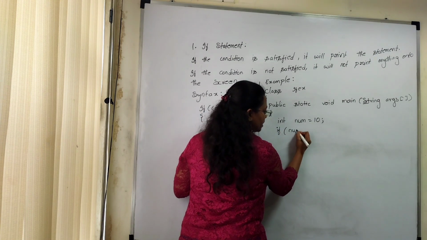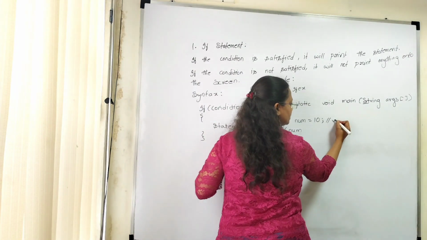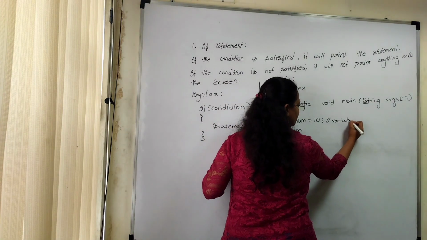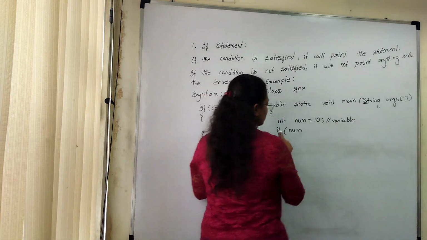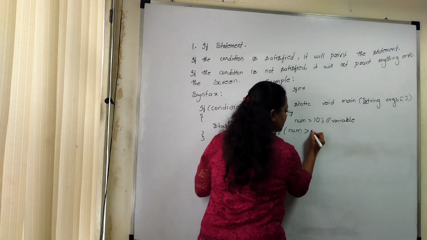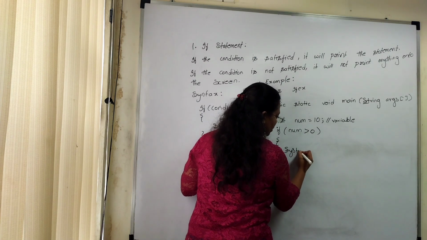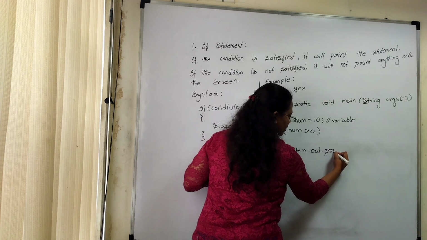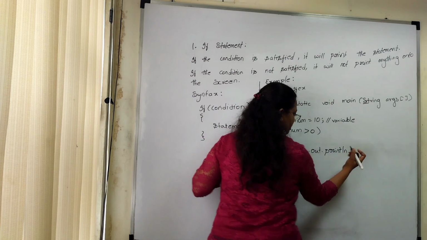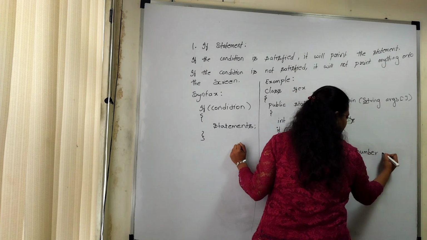If of num, whatever variable you declared here, num. It is a variable, and 10 is a value assigned to the num variable. So if of num greater than 0, then you need to print System.out.println of "Number is greater than 0".